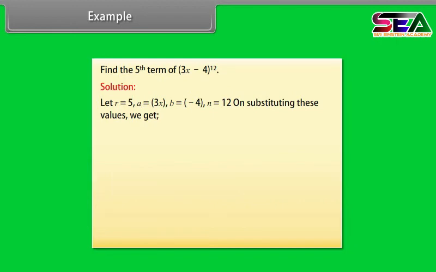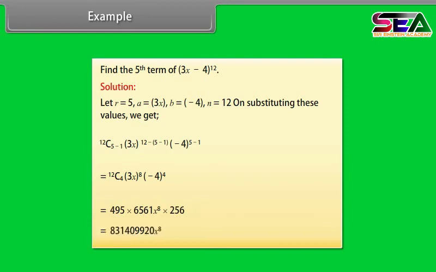On substituting these values, we get 12C(5−1) (3x)^(12−5+1) (−4)^(5−1) = 1409920 x^8.